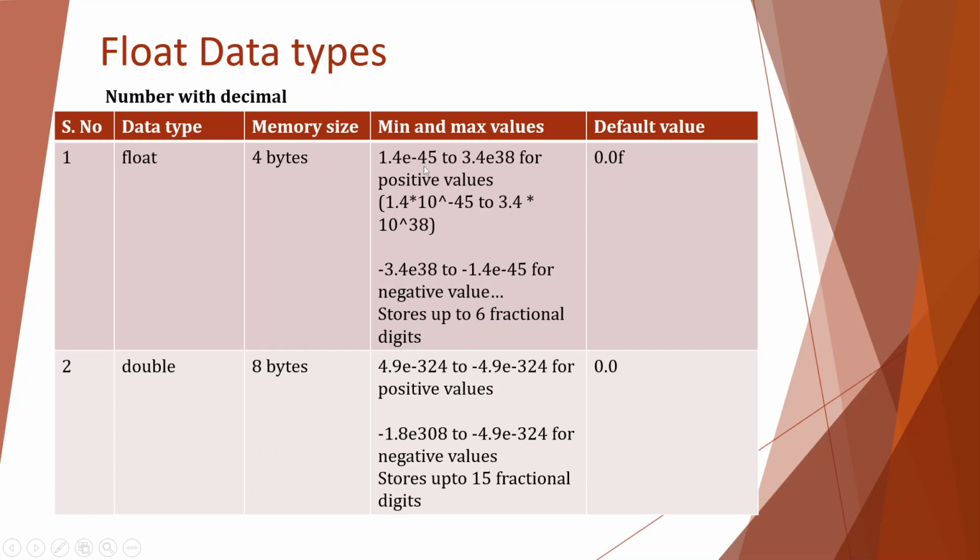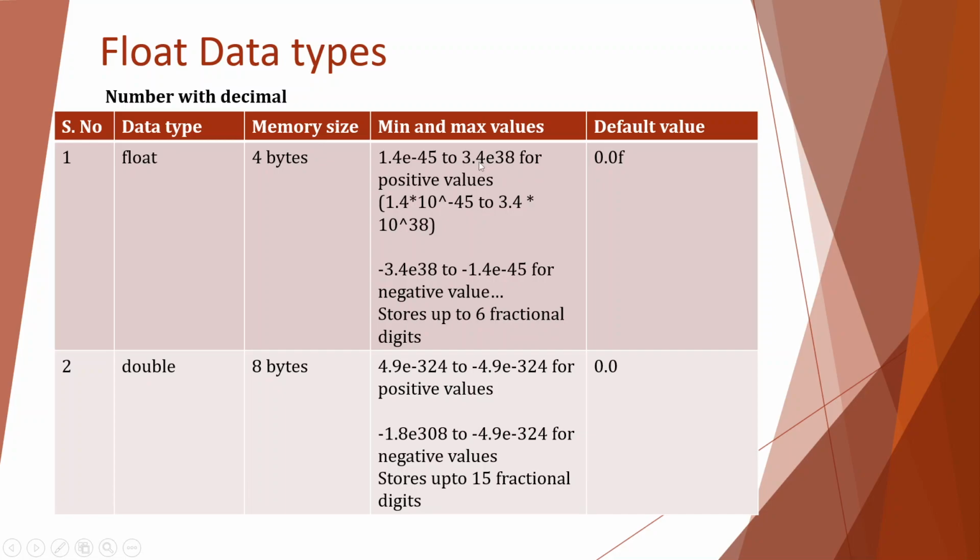See, this is a scientific notation for bigger numbers and smaller numbers. If you want to define very big numbers or very small numbers, we can use the scientific notation. This will be represented like this: 1.4e minus 45 means 1.4 multiplied by 10 to the power of minus 45.